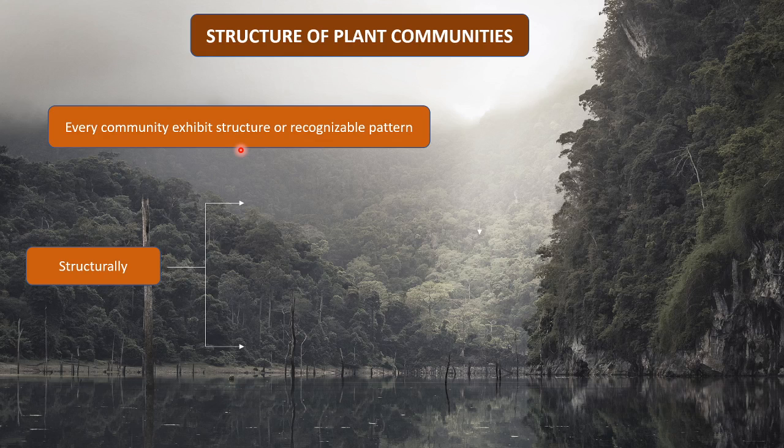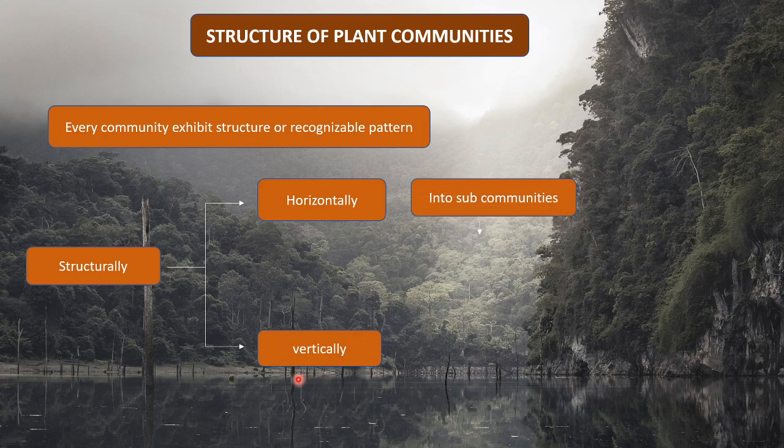So basically, structurally, the plant community can be divided into two types, that is horizontally and vertically. So there could be horizontal structure, and then we can also observe its vertical structure.